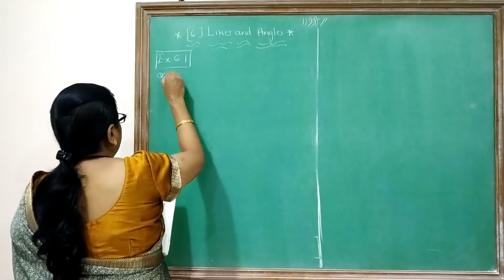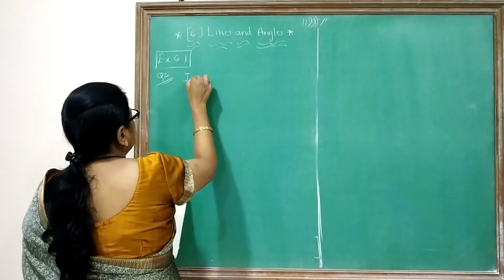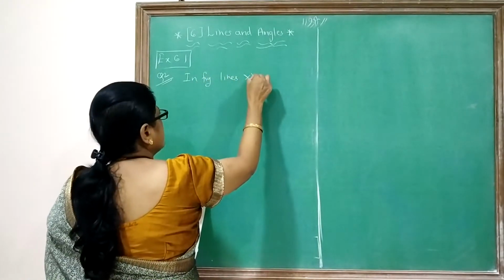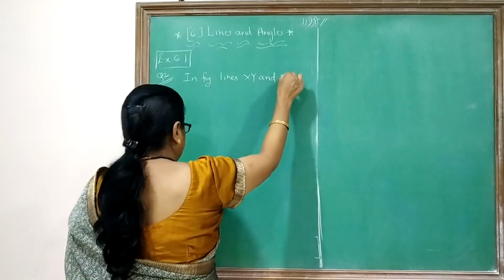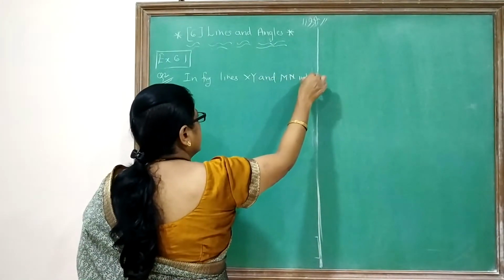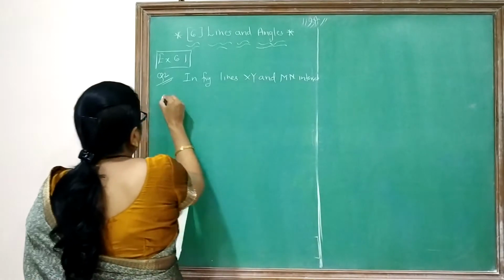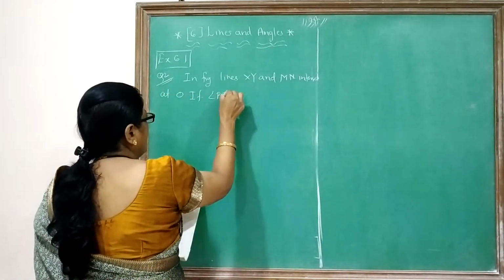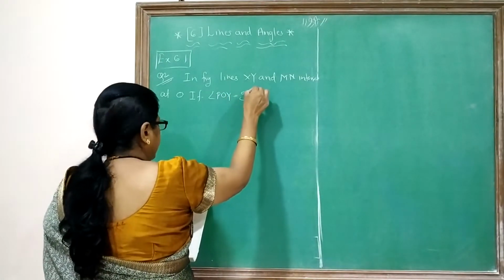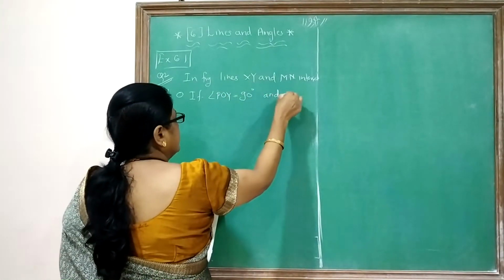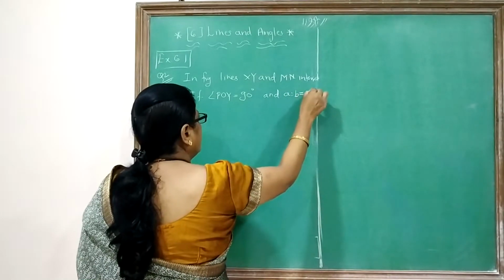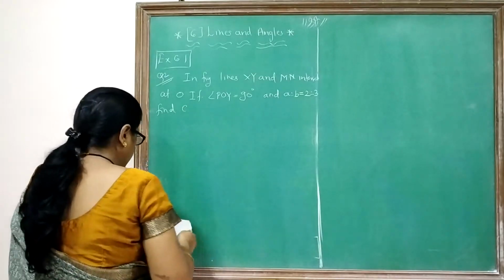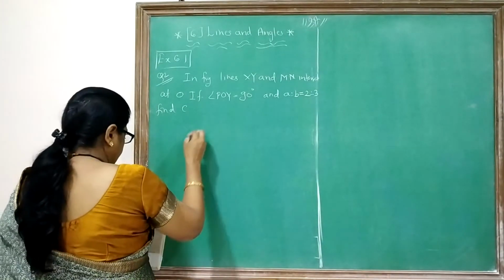Then question number 2. In the figure, lines XY and MN intersect at O. If angle POY equals 90 degrees and a : b = 2 : 3, then find c. Then draw a diagram.